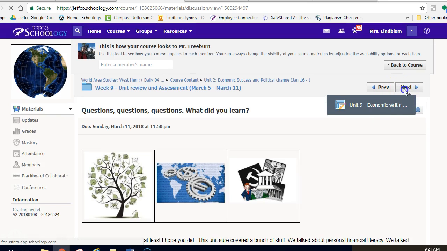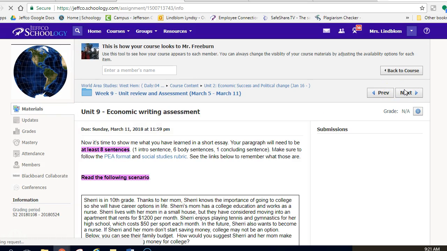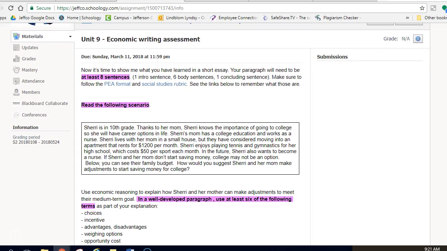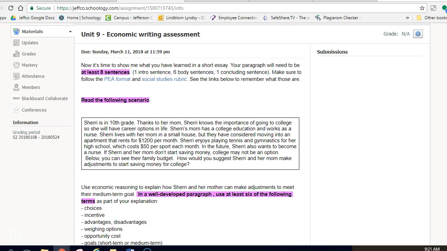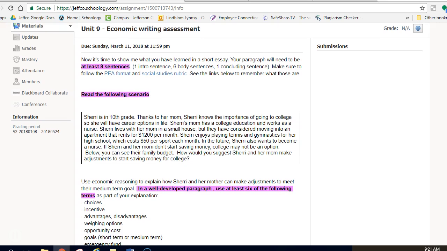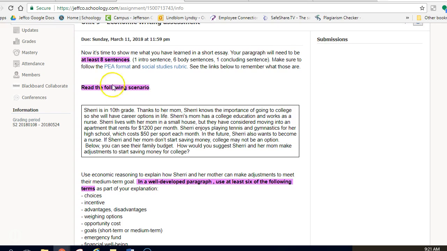After the discussion, you need to do the economic writing assessment. So this kind of matches the budget stuff that we talked about. Remember, I want your writing to be organized and in the PEA format, and there's a social studies rubric to follow. So I need to see 8 sentences. 1 intro sentence, 6 body sentences, and 1 concluding sentence.